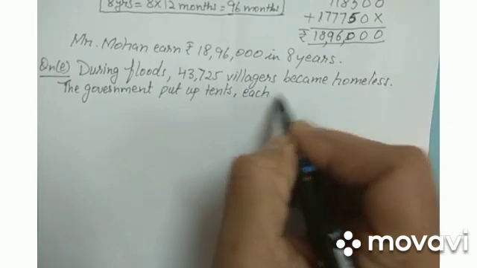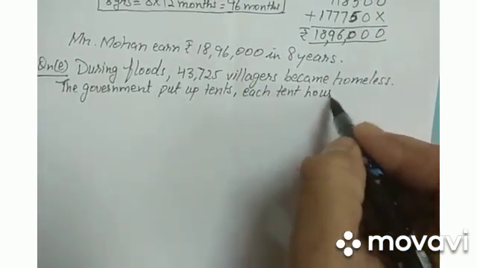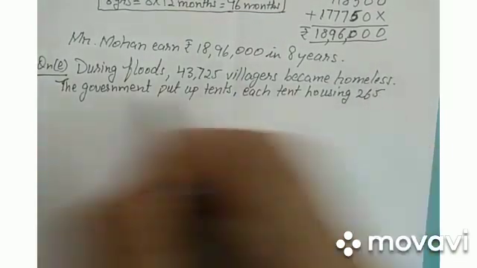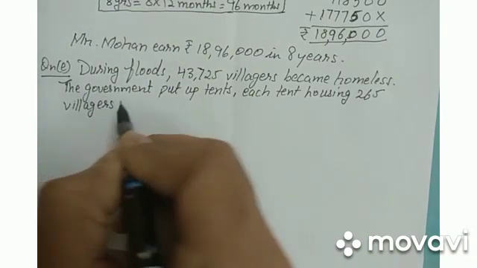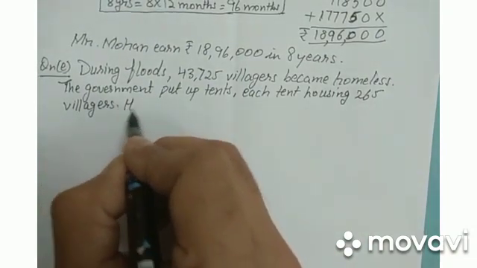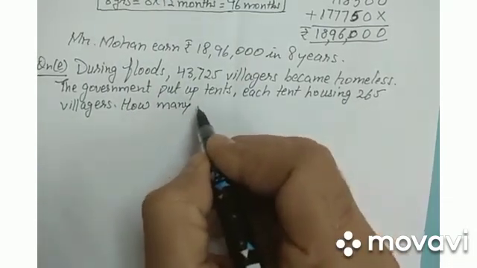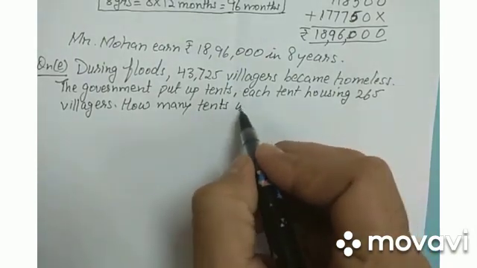Each tent housing 265 villagers. Now how many tents were put up?